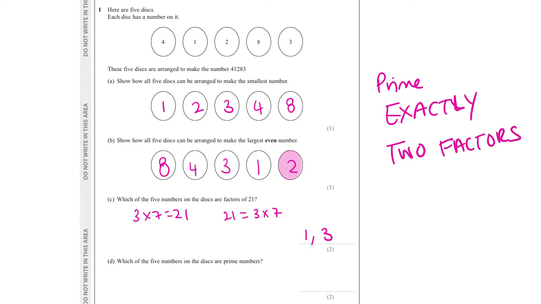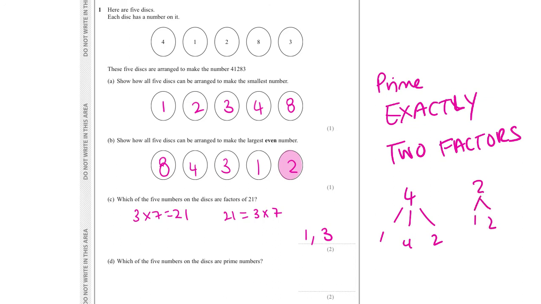So the number 4, how many factors does 4 have? 1, 4, 2. It has 3 factors. Is it prime? No. And there's a fun fact about prime numbers. There's only one prime number in the world that's even. And it is the number 2. Because the number 2 is just 1 and 2.